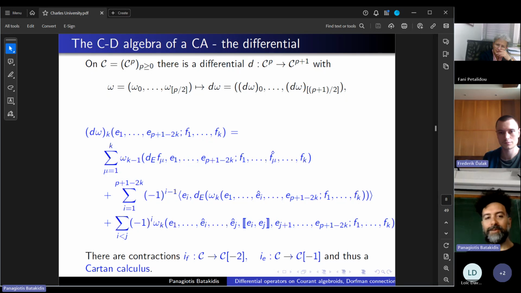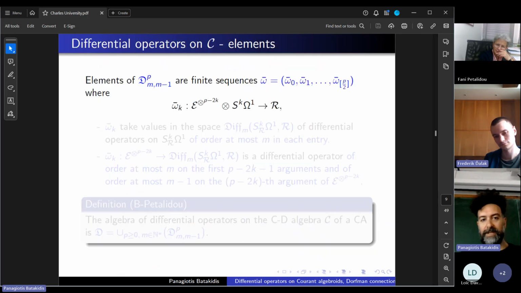Okay, so more or less that's what it is, and I'll move now to the differential operators on this Courant Dorfman algebra. Now, the model space will be this Gothic D, and p will be the same index as before. I will use it in the same way. It more or less tells you what the length of a finite sequence of an element in this space is.